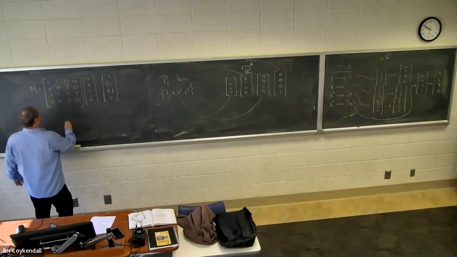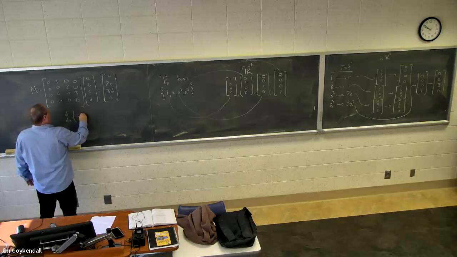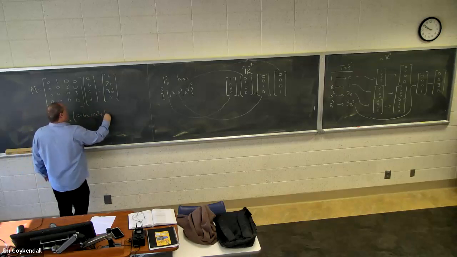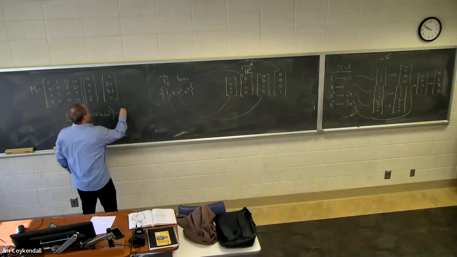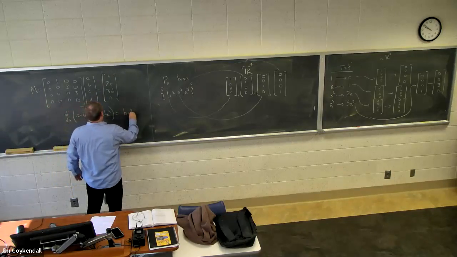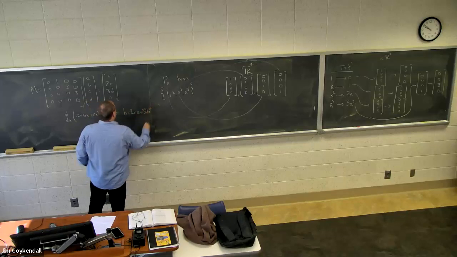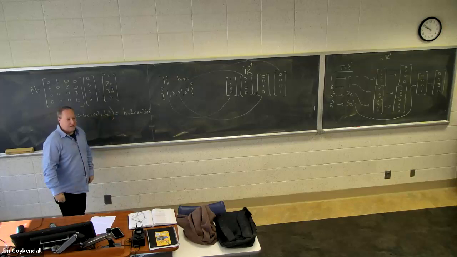Translation: d/dx, that's what this thing is doing, of the polynomial a plus bx plus cx squared plus dx cubed is equal to b plus 2cx plus 3dx squared. That's this vector read off, and that's exactly what you should get. Everybody see that?